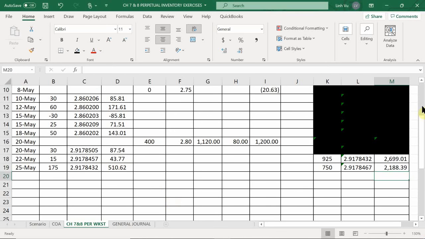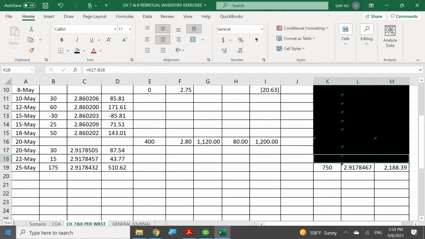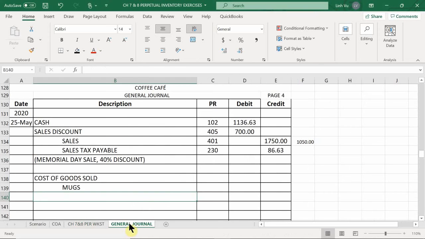Good. That brings my cost per item to be roughly the same as before, except the last two digits are different. So here we got a grand total cost of goods sold to be $510.62.